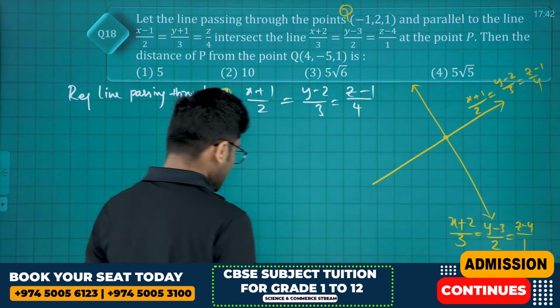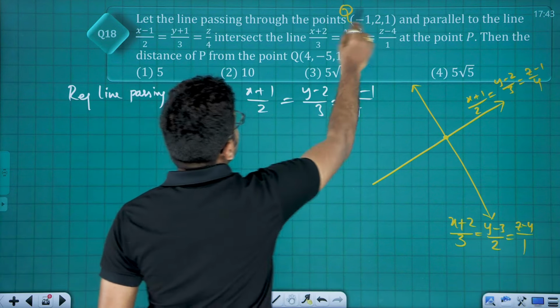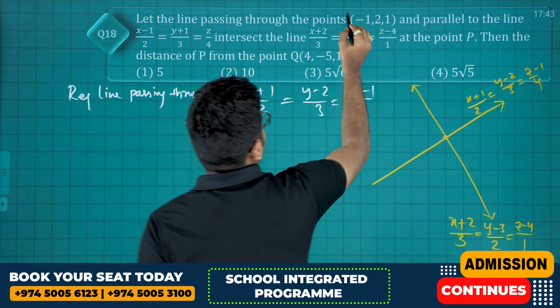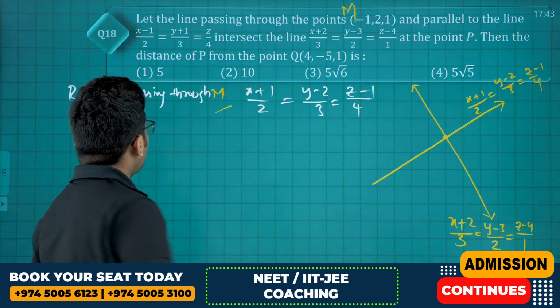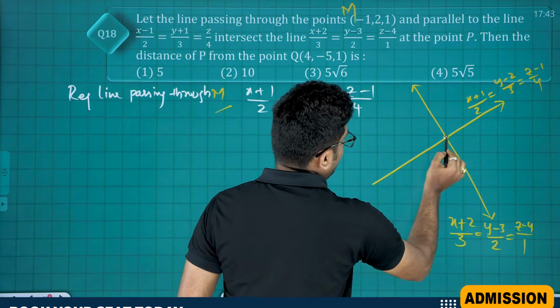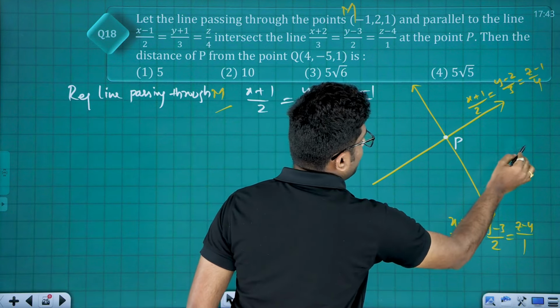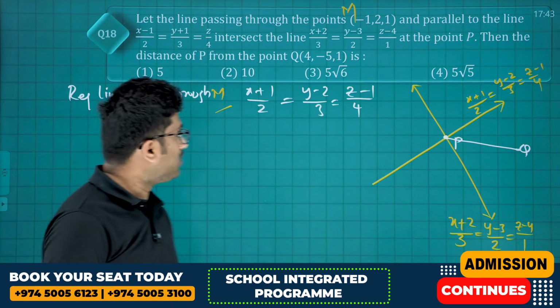You shouldn't take this as Q either, so let this be some M, the point through which our required line passes. So this is point P, and Q is somewhere out here. We need the length of the line segment PQ.